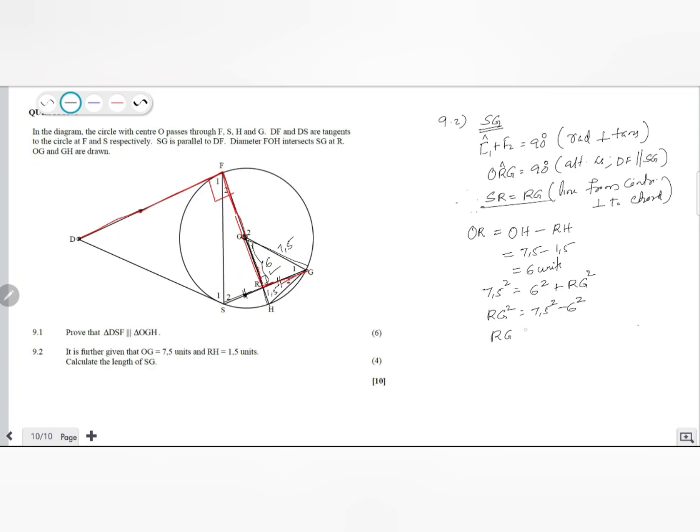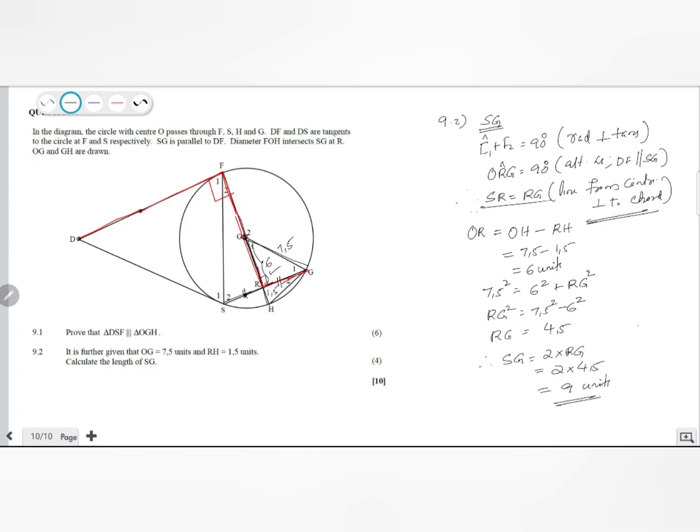So RG, when you do it, you will get answer is 4,5. That is half of SG. We already know the reason is line from center perpendicular to the chord, bisect the chord, isn't it? So therefore SG is equal to 2 times RG, that is 2 times 4,5. Answer is 9 units.